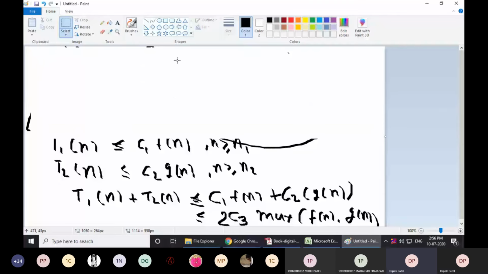So this is equal to again, so this is less than or equal to max of, I can take this 2C3 inside, 2C3 of f(n) or 2C3 of g(n).